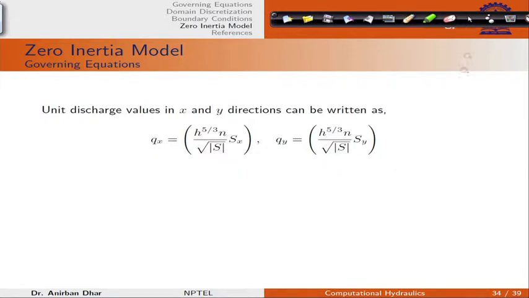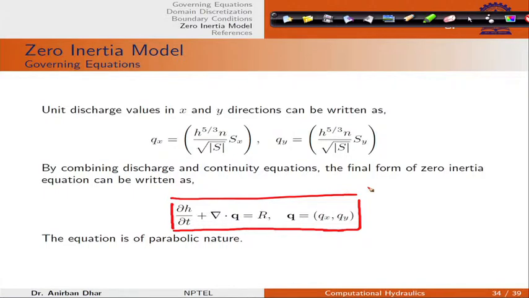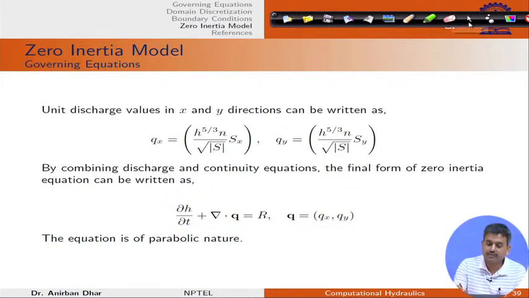And finally, by combining discharge and continuity equations, the final form of the inertia equation can be written like this, and you can see that this has similarity with our groundwater flow equations. It is more or less equivalent to that equation.